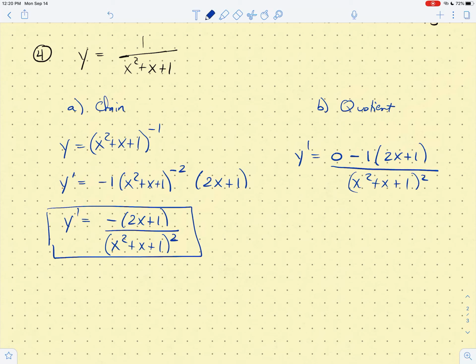And so pretty rapidly I get that y prime is negative 2x plus 1 over x squared plus x plus 1 all squared. So these are exactly the same thing. It all depends on how you think about it. I would say one really isn't that much harder than the other. Perhaps the quotient rule is a bit easier in this particular problem, but we'll need to be able to go back and forth and do both.